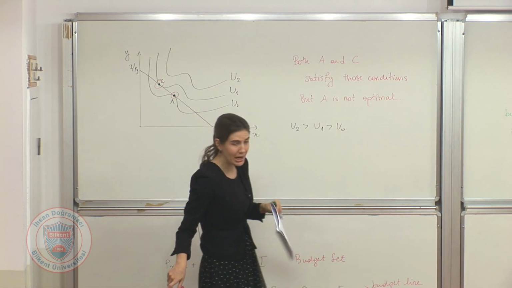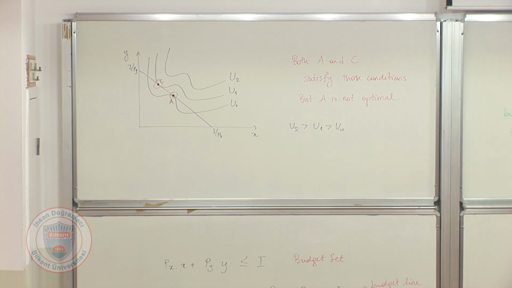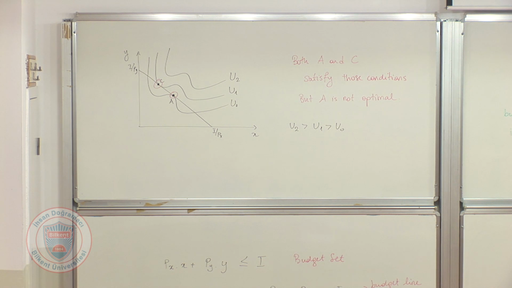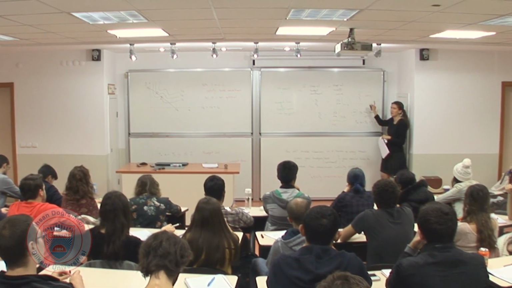So now let me write that. This is, in a sense, what we call a necessary condition, gerekli. Ama yeterli değil, okay? So it's both necessary and sufficient when you have convex indifference curves. Then you can say that, hocam, I checked these two conditions. I found an x star, y star point.